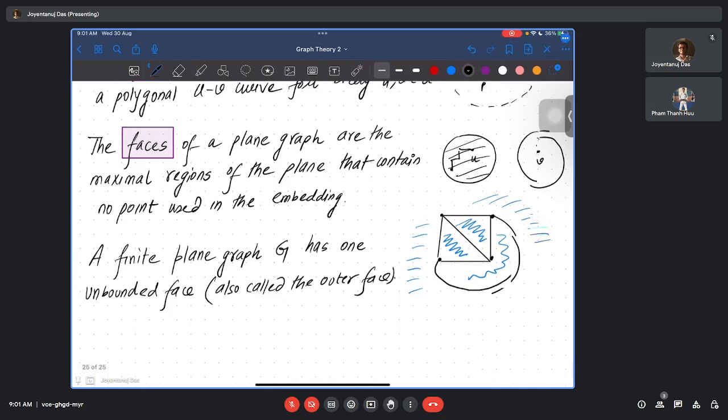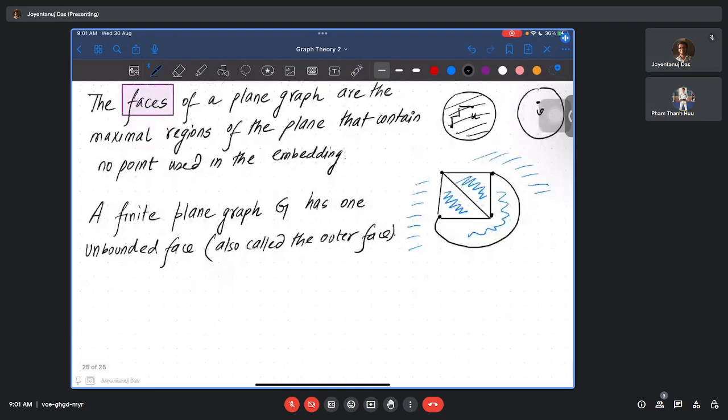So that is one observation. And the faces are always pairwise disjoint, by definition.